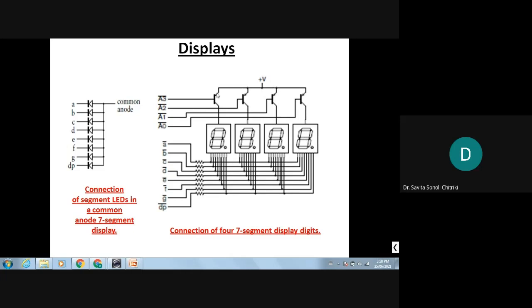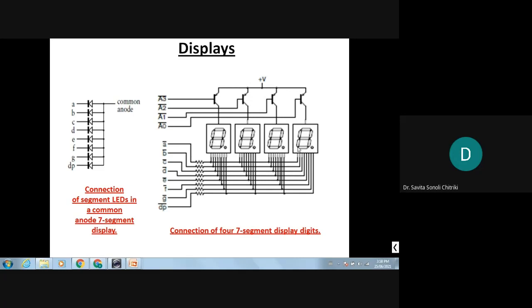All the emitters are connected high here, so depending on the inputs A3 bar, A2 bar, A1 bar and A0 bar, these 7 segments are controlled, right? Whichever signal is activated, depending on that, each 7-segment display will be activated.